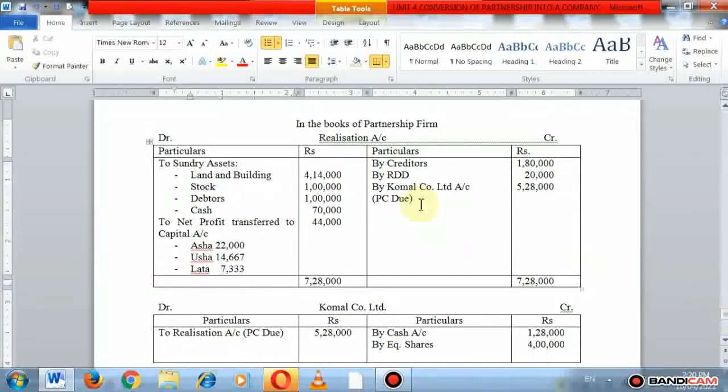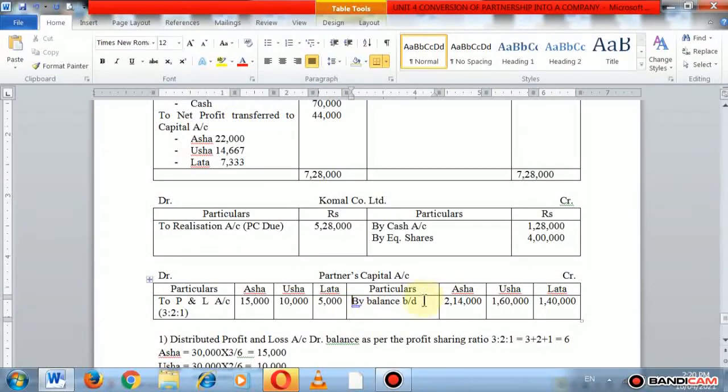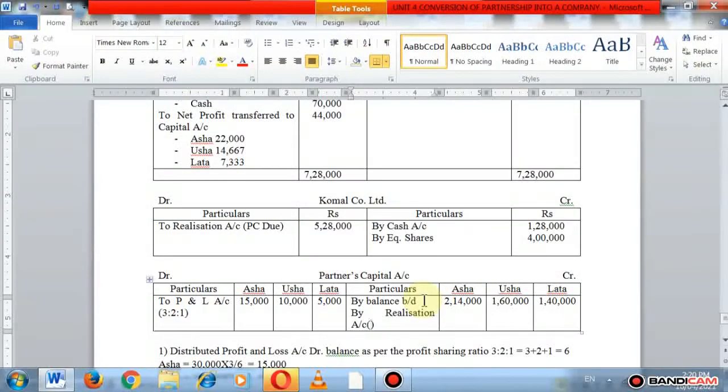In simple words, realization account debit to partners capital account. So give the second effect on the credit side of the partners capital account by realization account (profit).